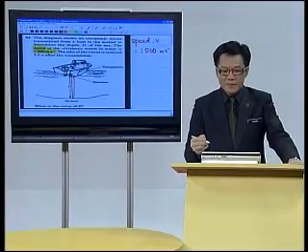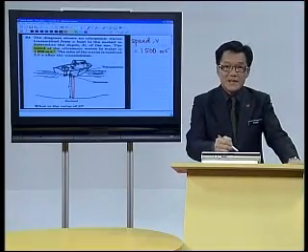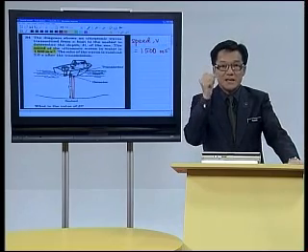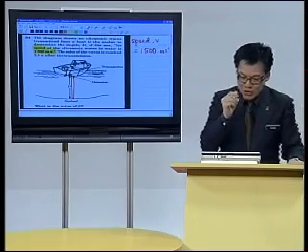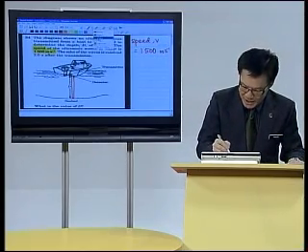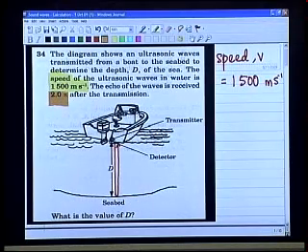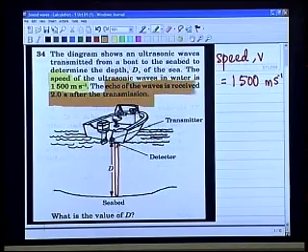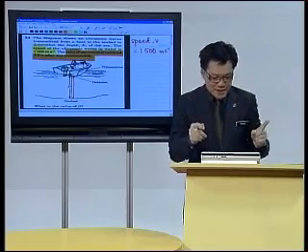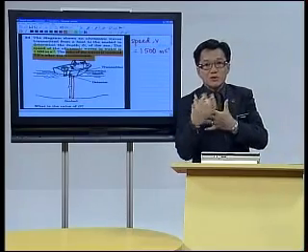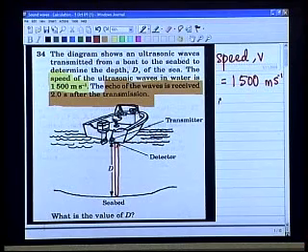From the point of sending to the point of receiving the signals of the waves, that takes 2 seconds. 2 seconds after the transmission, the echo of the waves is received. You get the point? The time is, I just put down t, 2 seconds.